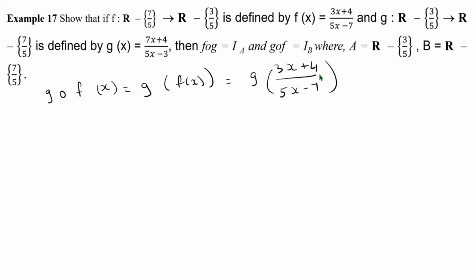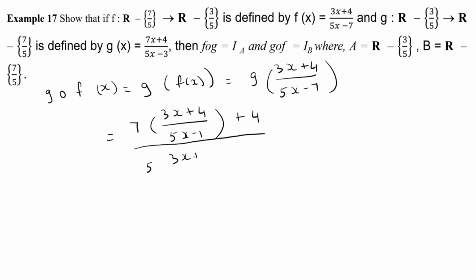So g of 3x plus 4 by 5x minus 7 will be equal to, in place of x we have to substitute this function. So this is equal to 7 into 3x plus 4 by 5x minus 7 plus 4, divided by 5 into 3x plus 4 by 5x minus 7 minus 3.